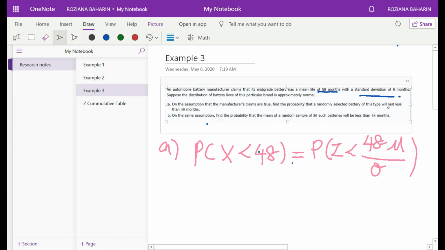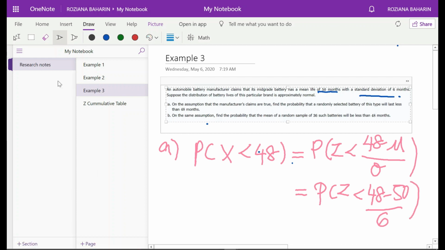So you can refer to our previous lecture on this. You use X to convert to Z because this is not a sample mean. So that's why you plug in your standard deviation straight away. So you see that this one, it will become P Z less than, so 48 minus 50, so you just straight away divided by 6.